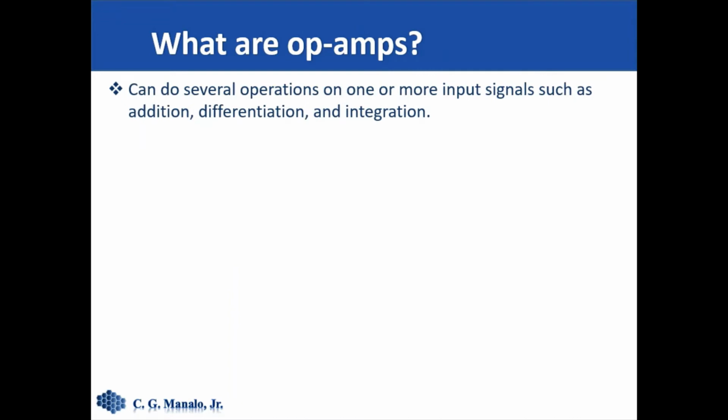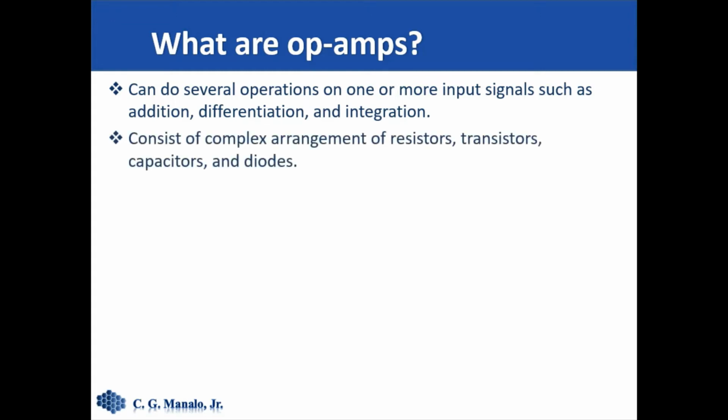So what are op-amps? Op-amps are a type of amplifier that can do several operations like addition, differentiation, and integration of signals. They consist of a complex arrangement of several elements like resistors, transistors, capacitors, and diodes.